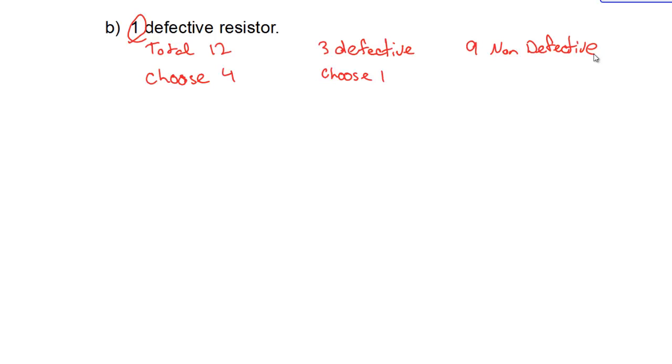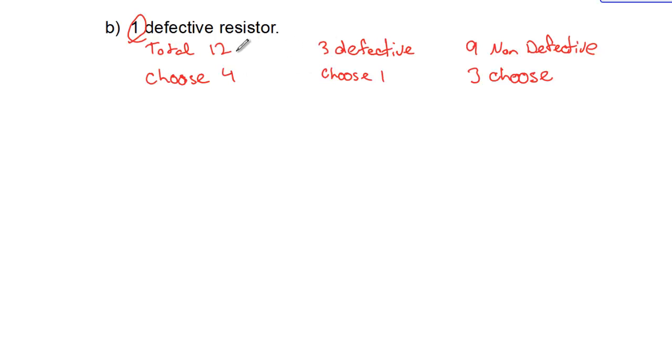Now if I'm going to choose a total of 4, and I've already chosen 1 from the defective group, how many does that leave me to choose from the non-defective group? That's going to be 4 minus 1, which will give me 3 that I'm going to choose. Again, notice that 3 plus 9 gives me my total of 12, and 1 plus 3 gives me my total of 4.